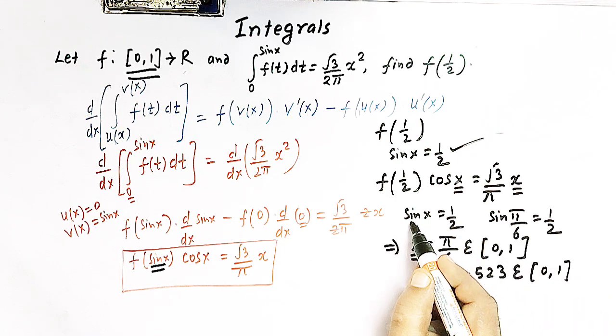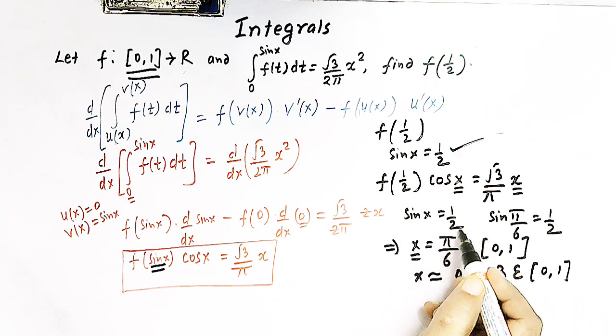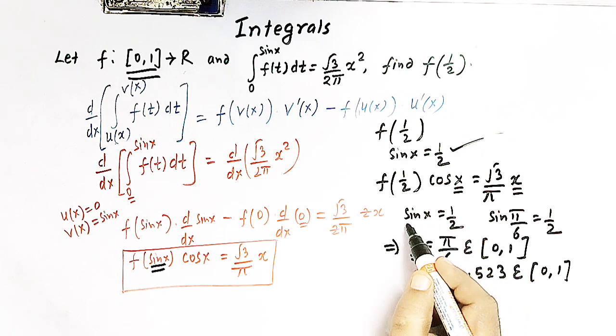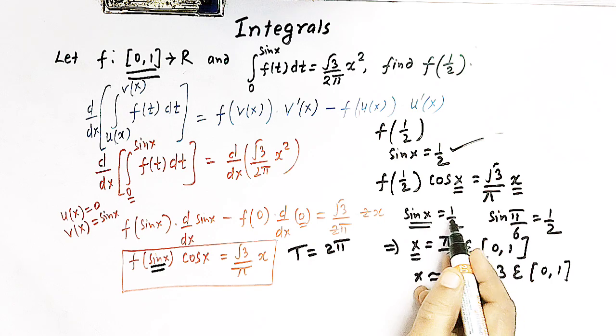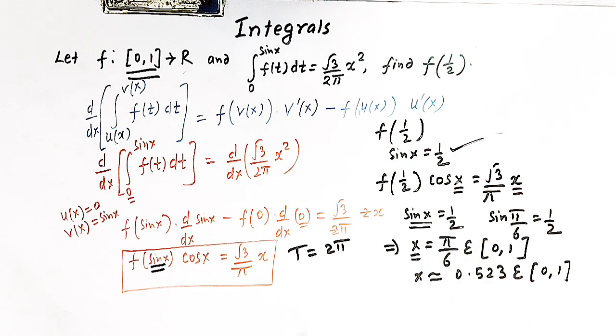Now, sin x equals half is a trigonometric equation, and sin x is a periodic function with period 2 pi. It has many solutions, but x equals pi by 6 is the only solution which belongs to this domain, so we take only this value of x, pi by 6.